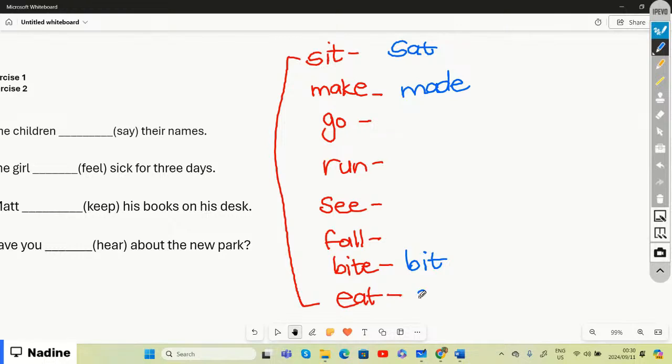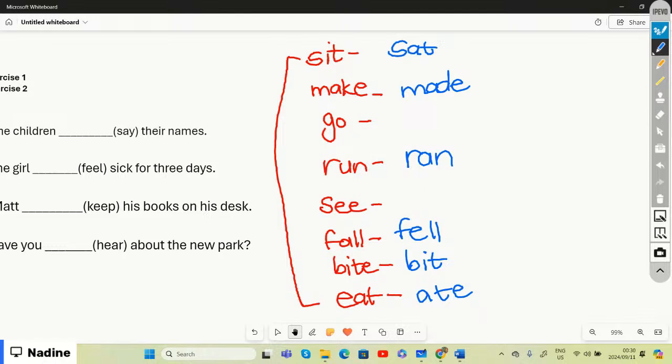Eat, the past tense of eat is ate, that is correct. The past tense of fall is I fell yesterday, or earlier on I fell. What is the past tense of run? Oh, we said the past tense of run is ran.